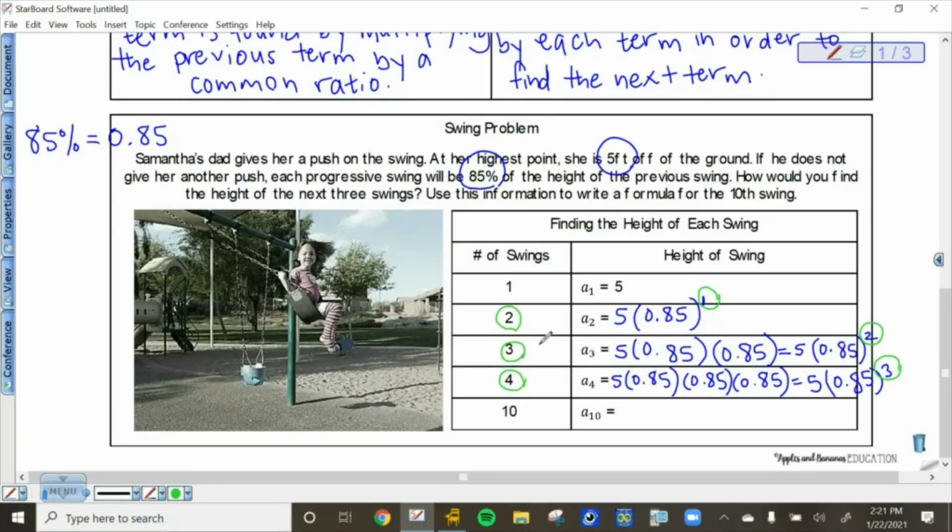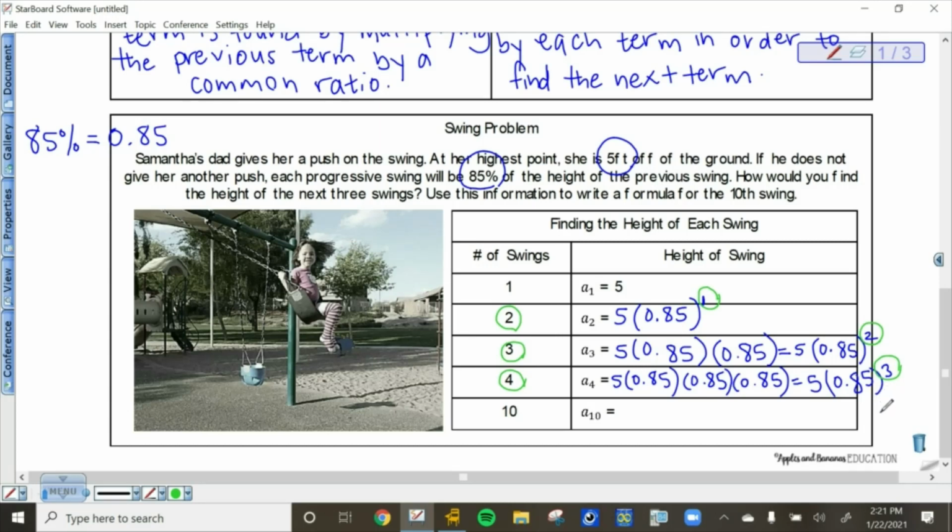What's the relationship? For the second term, we raised it to the first power. For the third term, we raised it to the second power. For the fourth term, we raised it to the third power.